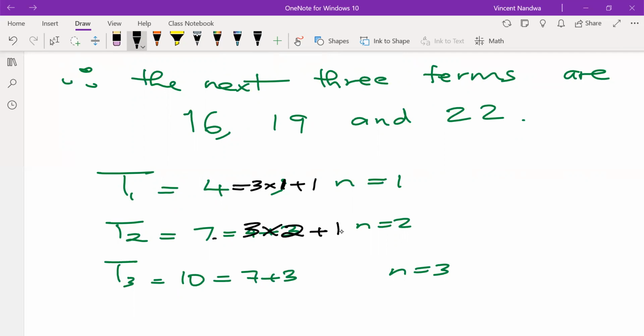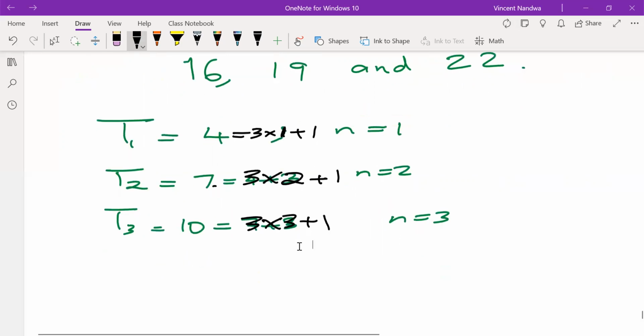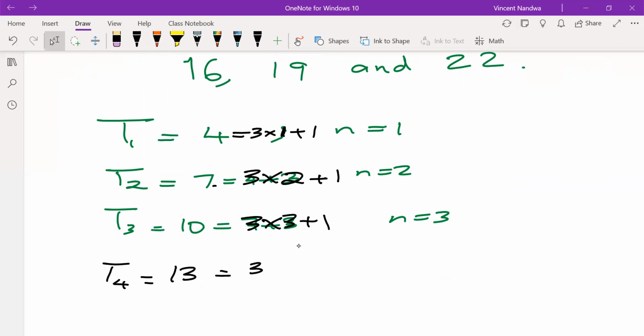And 10 can be written as 3 times 3 plus 1. And then T4 was given by 13. 13 can be written as 3 times 4 plus 1, where n is 4.